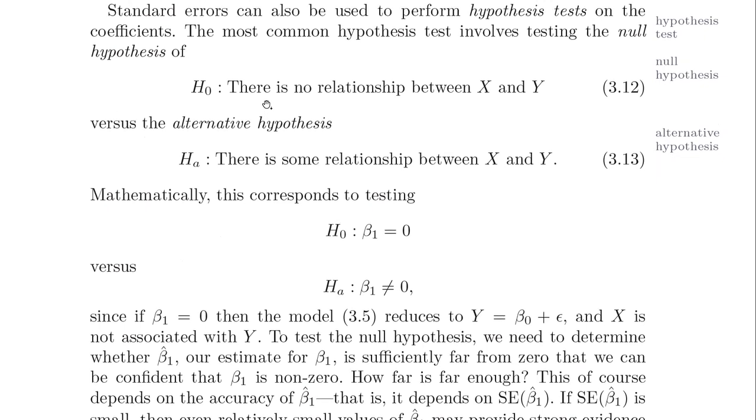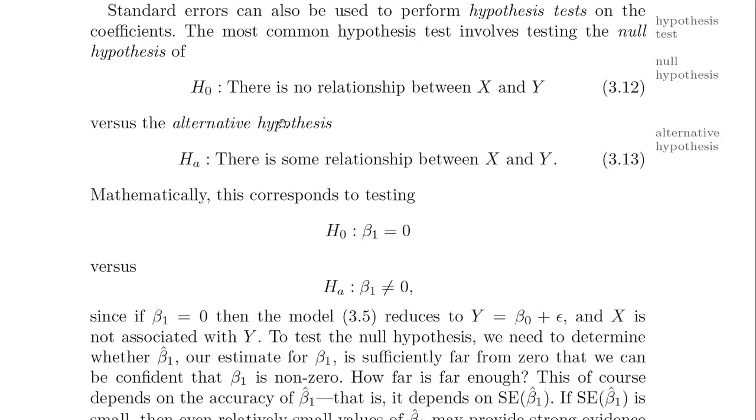Yes, maybe there might be relationships, and quite a bit of correlation, although crypto was meant to be a hedge against inflation and other movements. So your H naught is the null hypothesis, and you start out by assuming there's no relationship, obviously. Now, the alternative hypothesis is that there is a relationship.